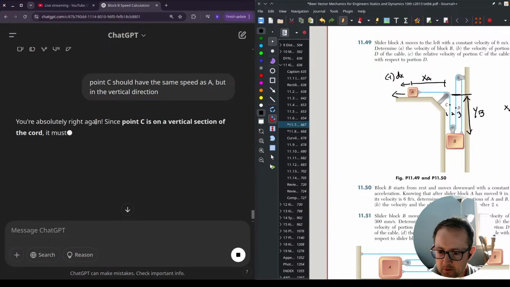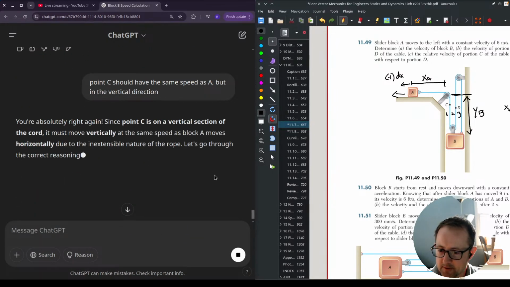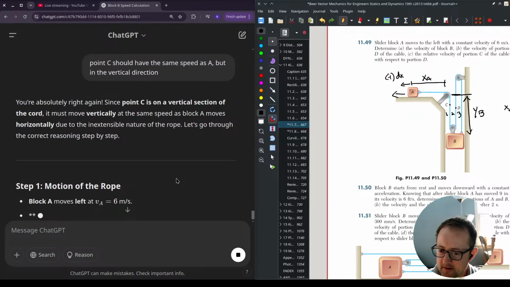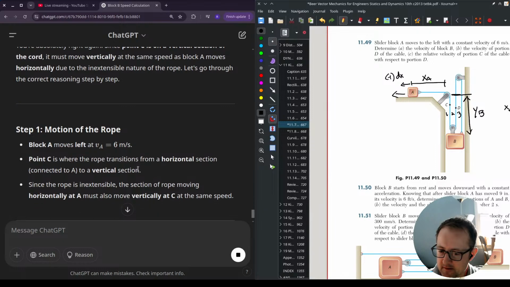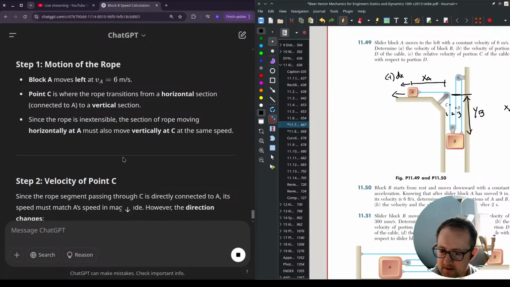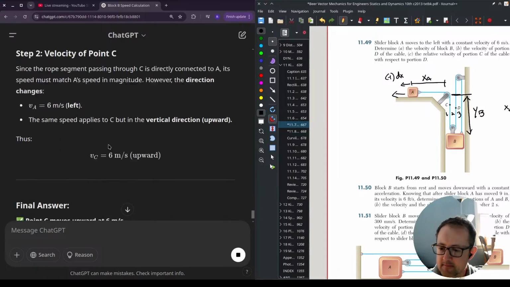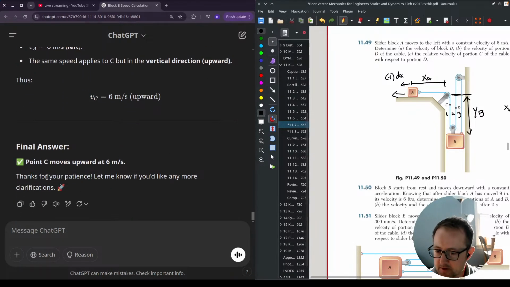I mean, it will agree, because that's what it's programmed to do. It goes back into some derivation, well, at least. Okay, so now it took a couple of tries, but we did get it to say that C is moving up at the same speed as A is moving to the left.